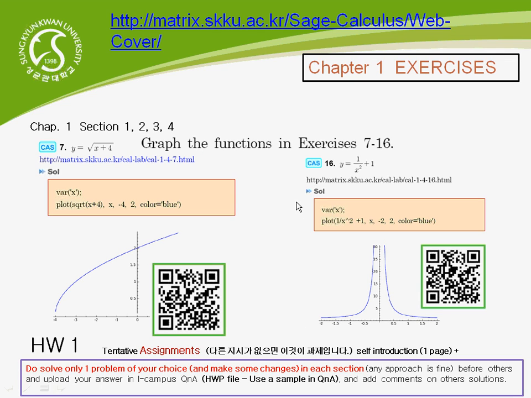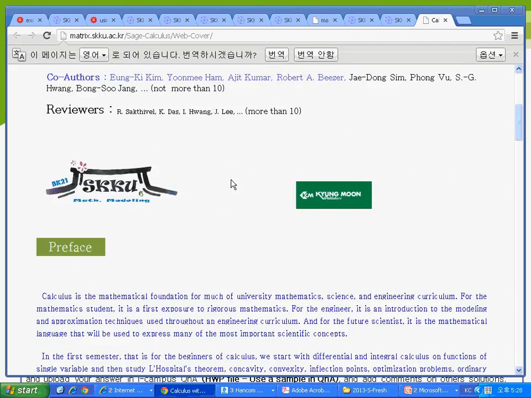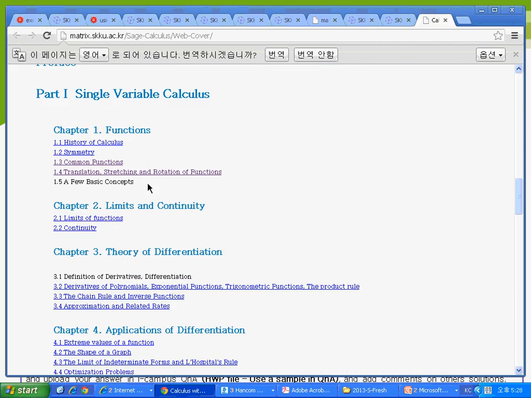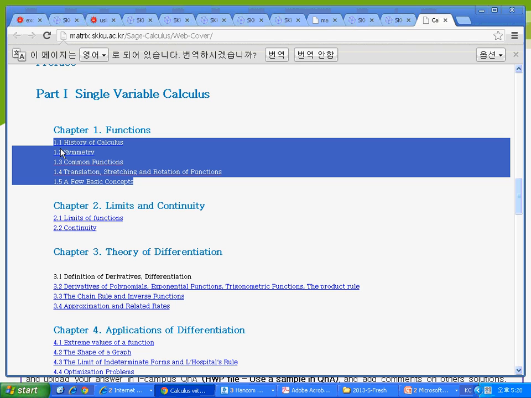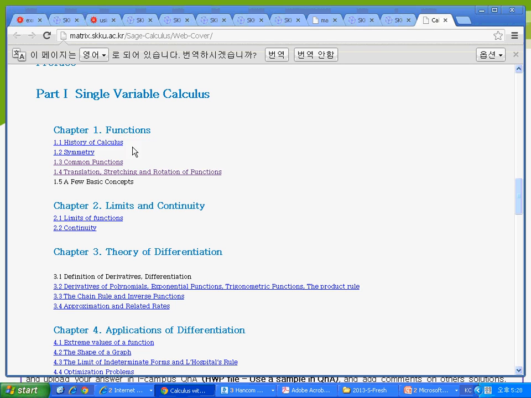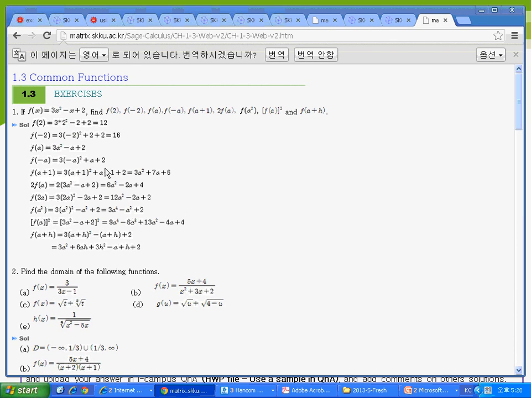Okay, here is the exercise of chapter 1 that you can find from this web address. These are the things that you are supposed to do in a week. I ask you to solve only one problem. Each of you solve only one problem. Choose one from this. Okay?